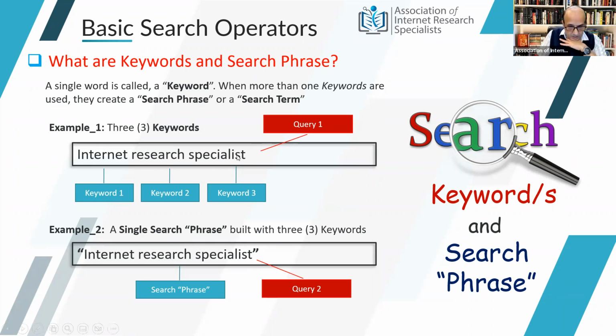The search engine, on the other hand, would have the freedom to select each of these words individually as part of your search results, or treat them in groups or combinations, like internet research can be picked, or research specialists can be part of your results, whereas all three may not necessarily be part of the results that have them placed as they are showing in your search. Now, individually, these are called keywords. So in the case of three words outside of the quotation marks, they are considered three keywords: internet, research, and specialists.